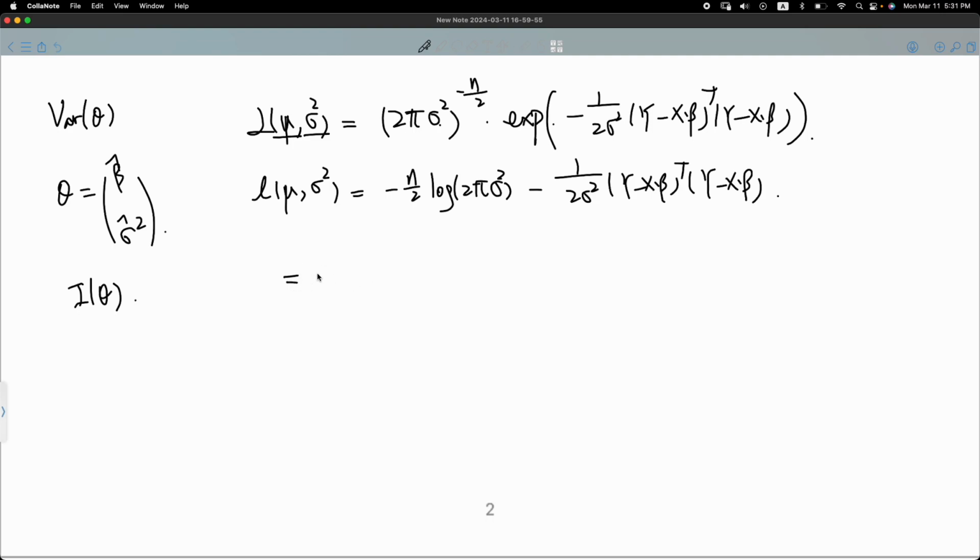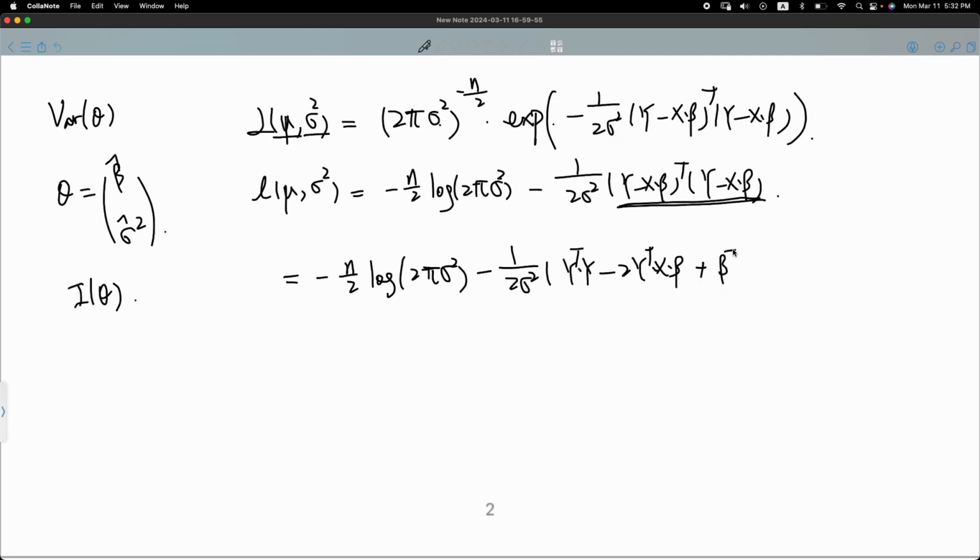Maybe we can further expand the quadratic form by multiplying out each of the terms: y transpose y minus 2 times y transpose X beta plus beta transpose X transpose X beta.